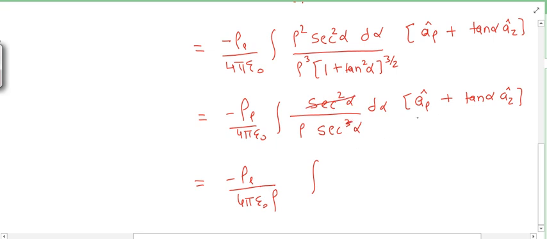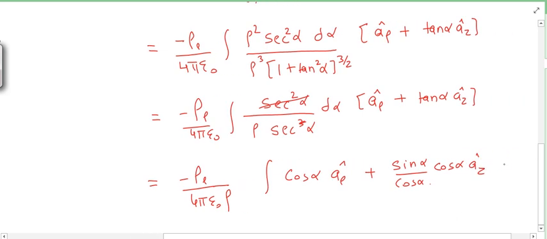So if I multiply here, it will be 1 by sec alpha, so it becomes cos alpha a rho cap plus tan alpha, which I can write as sin alpha by cos alpha, and this sec alpha will be multiplied here, which will become cos alpha, and az cap, and the thing remaining is d alpha.